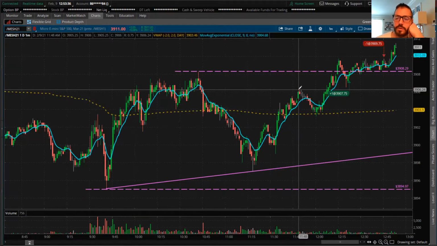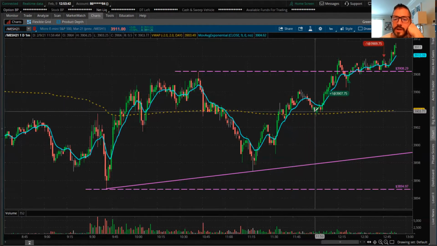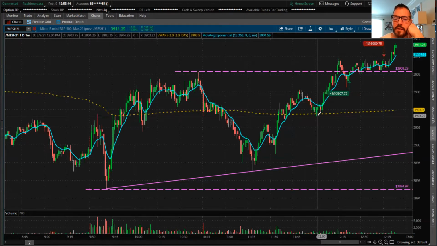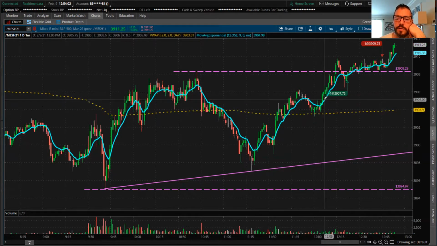Now at 3906 is where we topped out for the time being, came down and supported VWAP. This is very important for the overall trend of the market, because if you're over VWAP, now you're in a nice bullish trend at that point. So what we did, we bounced off VWAP, which I loved to see.